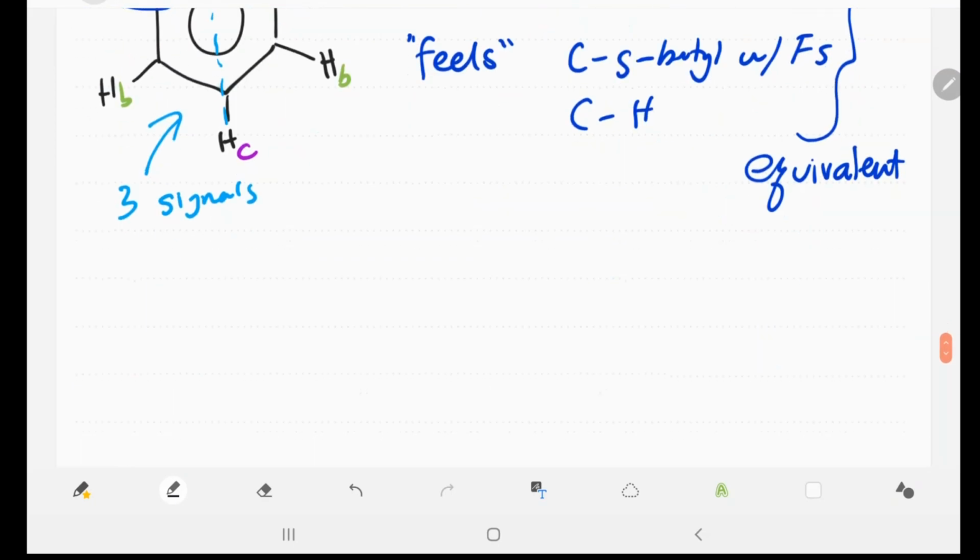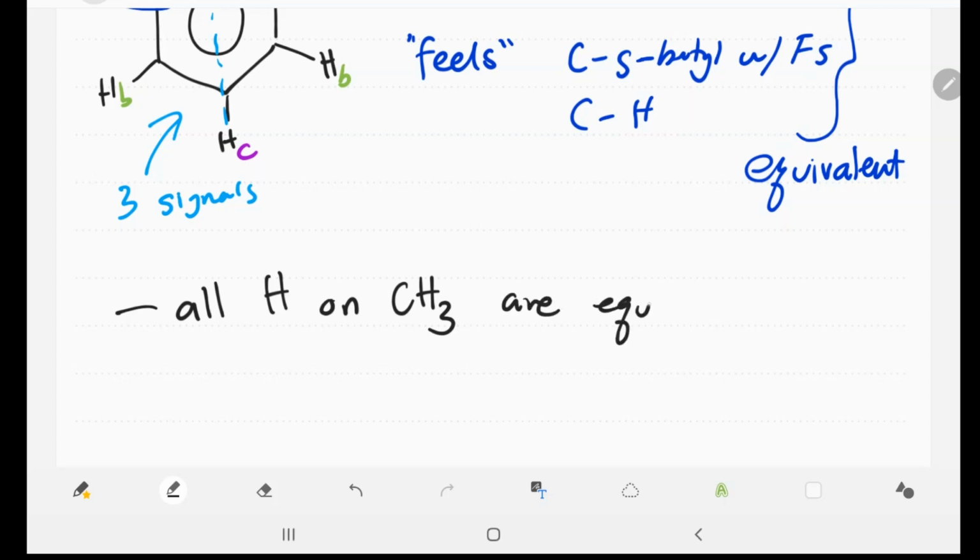Couple of important bits here. That all H's on a methyl group are equivalent. So all the hydrogens on a single carbon are usually equivalent to each other.